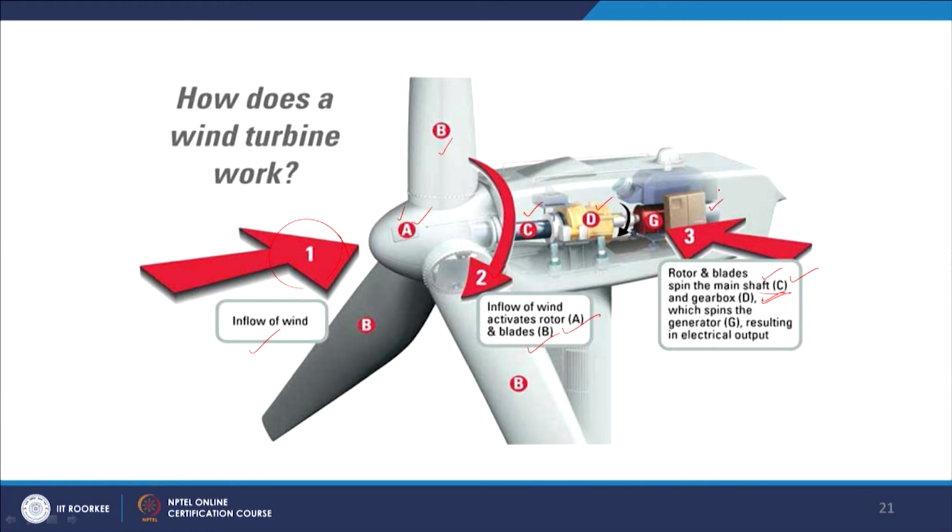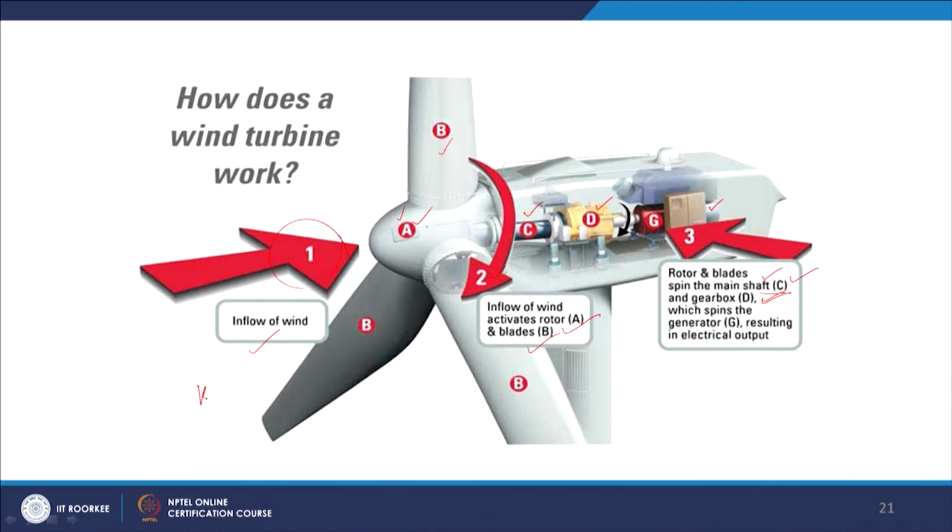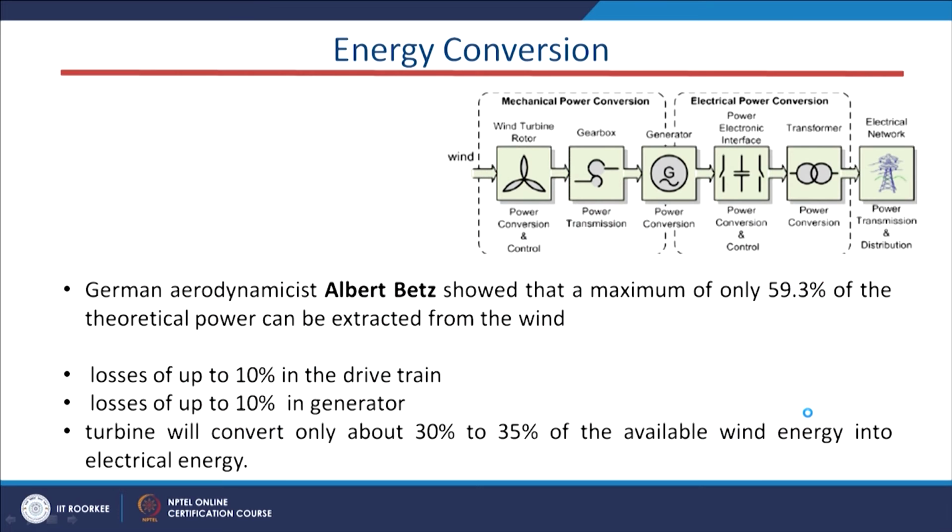These two rotate together, and finally the electrical energy output is produced. So we have kinetic energy here and electrical energy output here. This is the input power and this is the output power in the wind energy system.